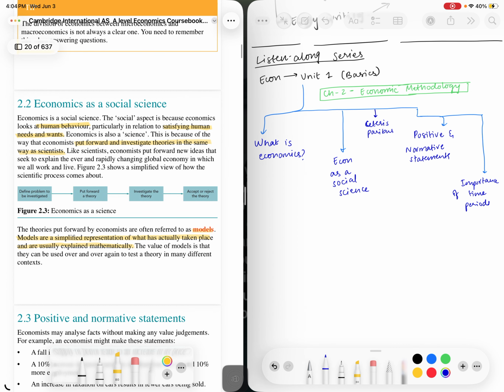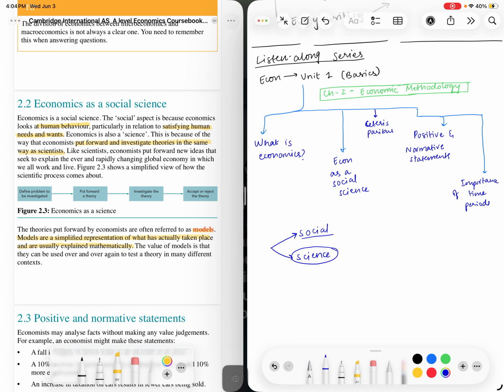Then, as a social science, it's a social science because it's looking at human behavior, whereas it's also a science because it's putting forward and investigating theories in the same way as scientists.